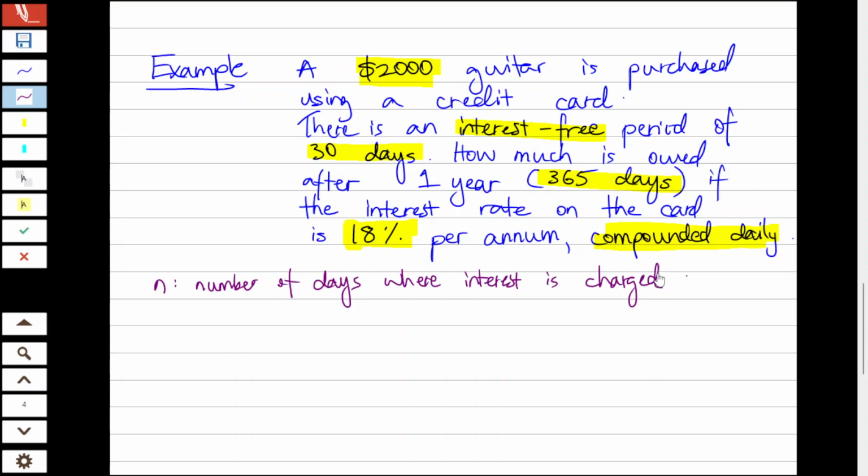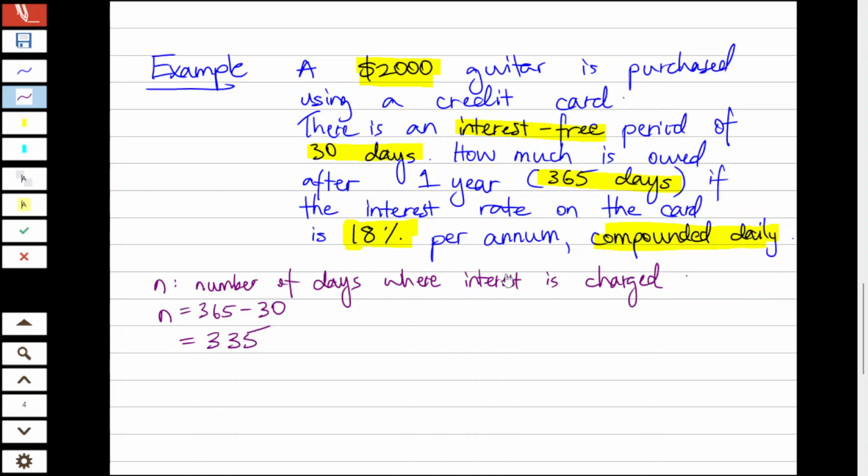So we need to take 365 minus 30 to get n. Is that all right? 335 days of interest.